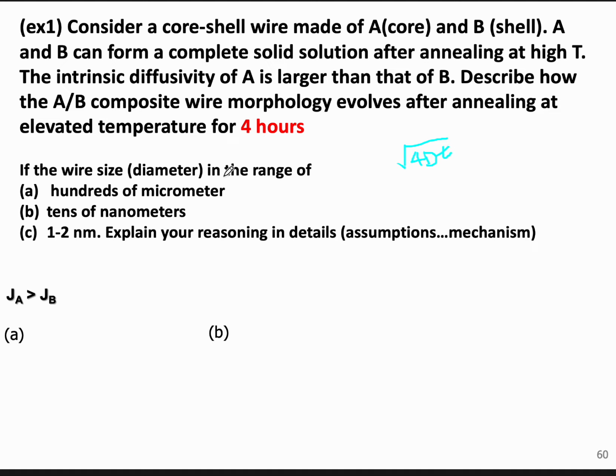It turns out the diffusion length during these 4 hours plays an important role in answering these questions.